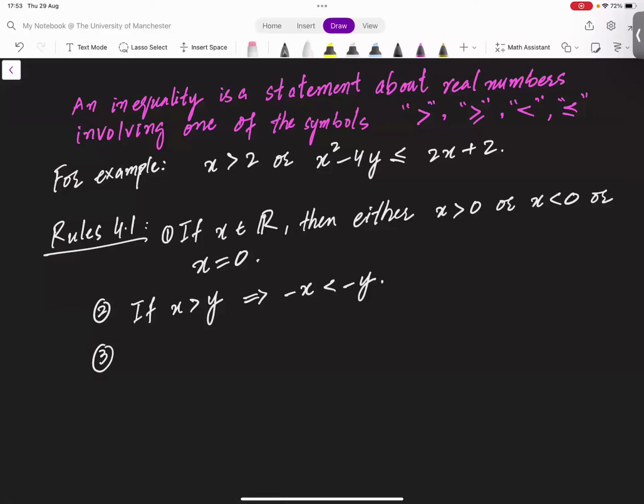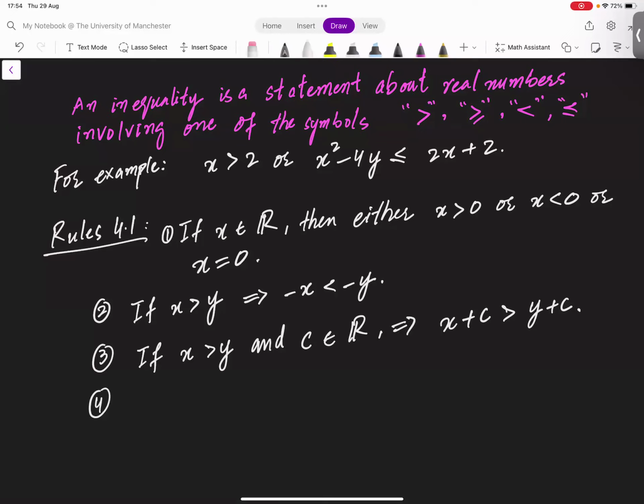Rule 3: if x is greater than y and c is a real number, then x plus c is also greater than y plus c. Rule 4: if x is greater than y and y is greater than 0, then the product is also greater than 0.